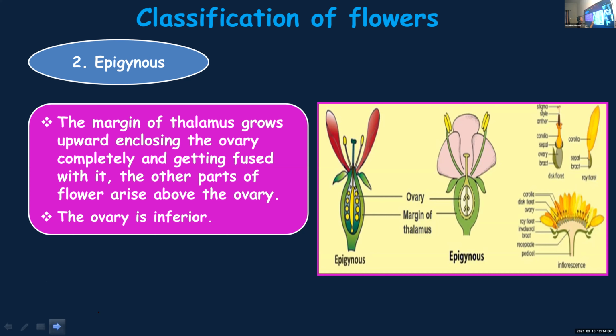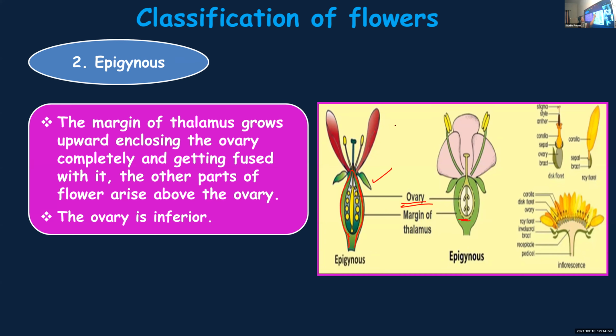You see, this part is the ovary. You can see even yellow colored ovules inside. And this part is the thalamus. So the thalamus is growing upwards and enclosing the ovary. The ovary is completely enclosed by the thalamus.